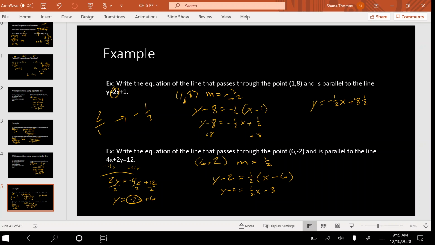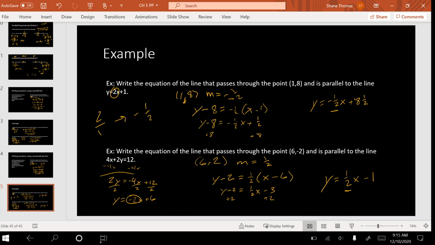Last step, add 2 over to the 3, and you got y equals 1/2 x minus 1. Good. All right, and again, like I said, for that last step, check your slope real quick. This is 1/2. The slope of the other one was -2. Are they negative reciprocals of each other? Yep, so I'm good. In the first one, this guy has a slope of -1/2.